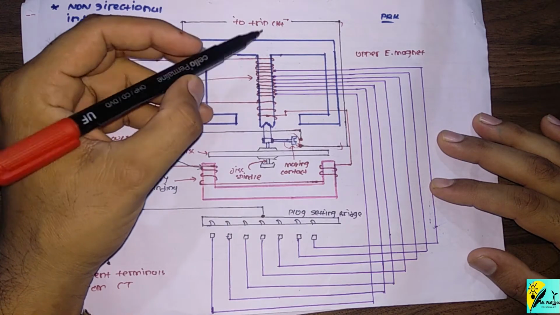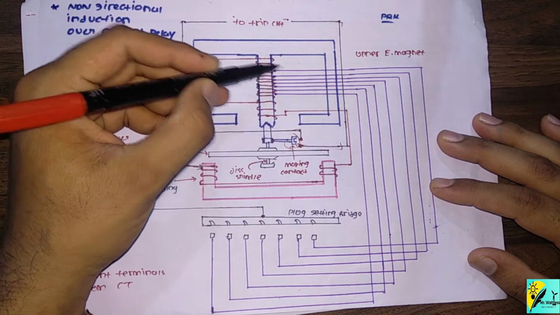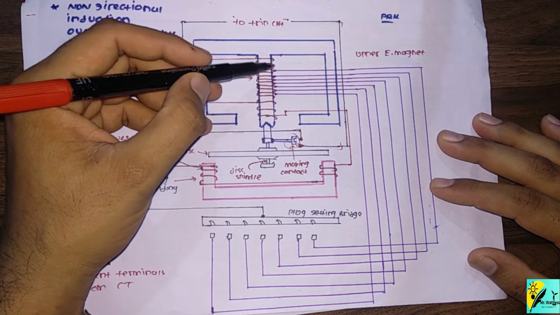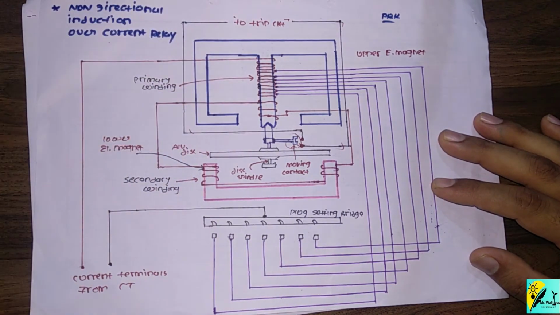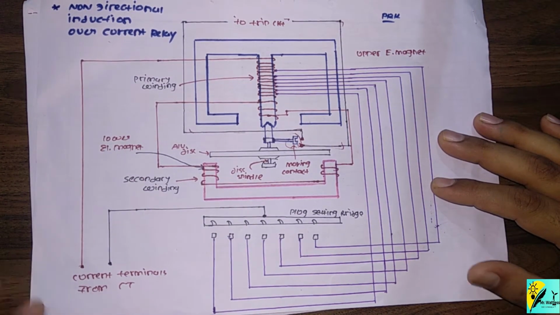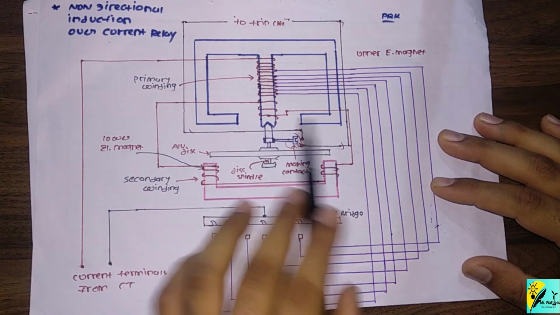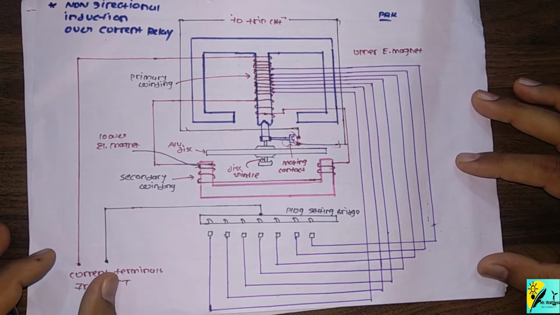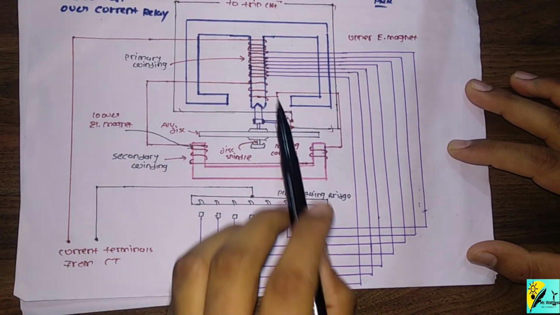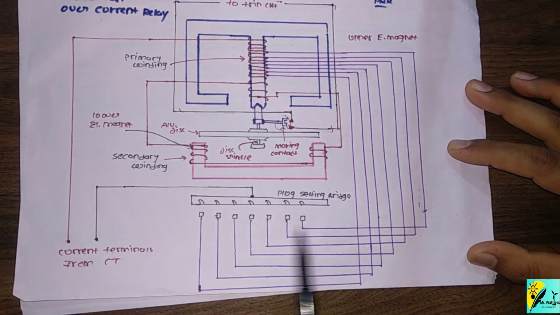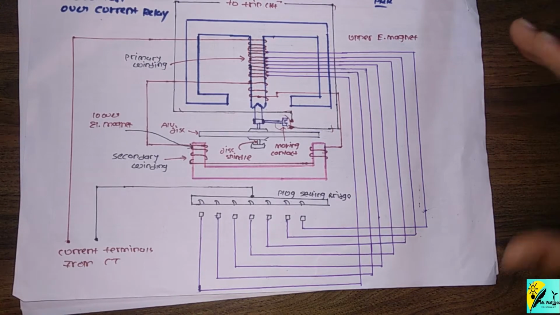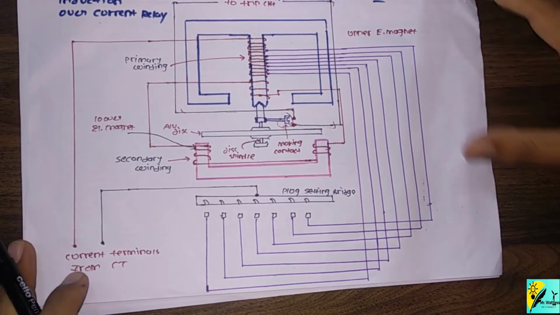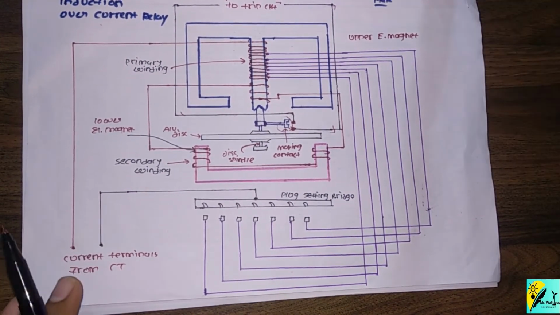You should know the purpose behind these particular tappings. This winding is tapped at intervals, and the tappings are connected to the plug setting bridge. According to our requirement, we can adjust the current setting and the relay setting.